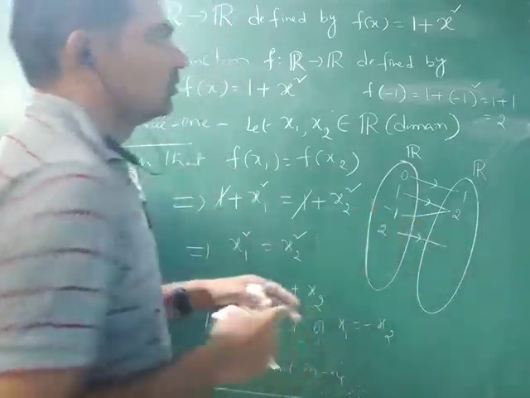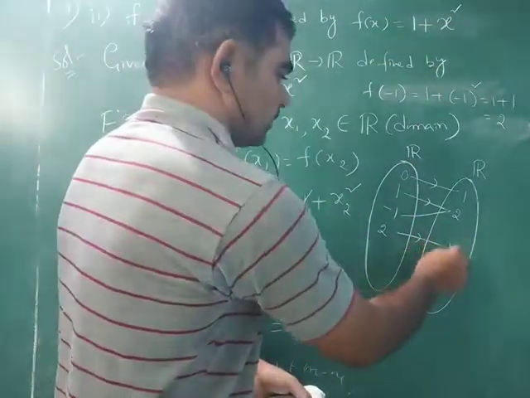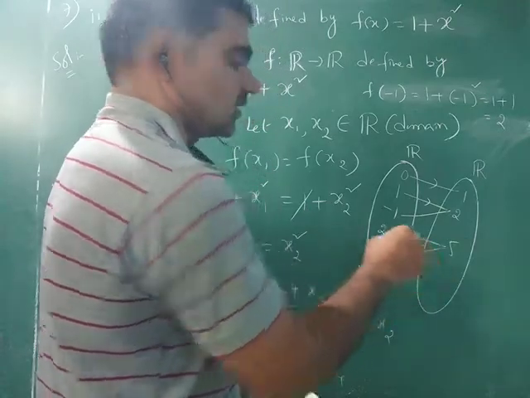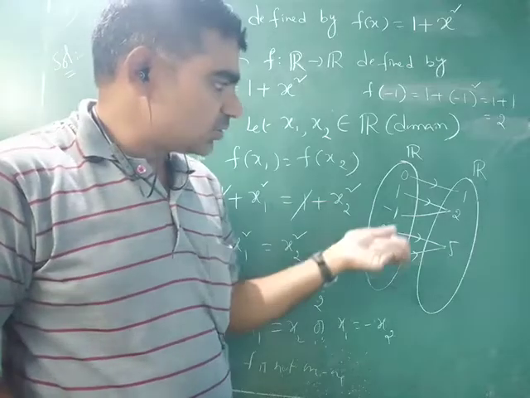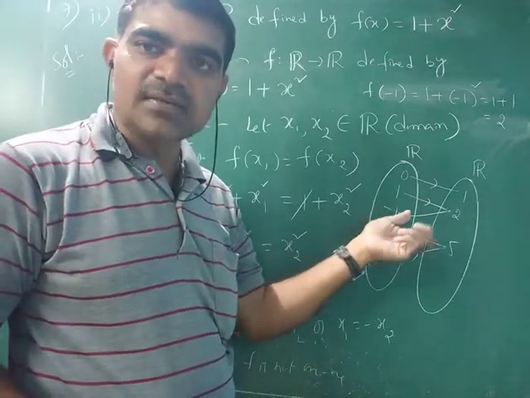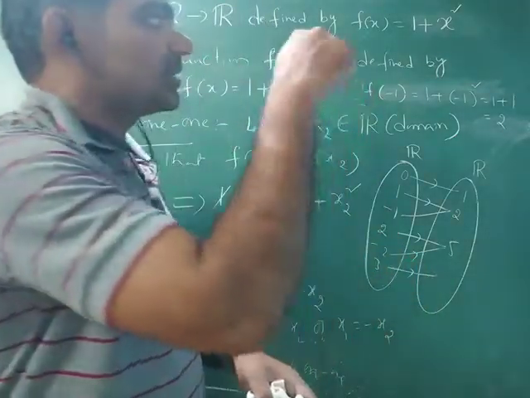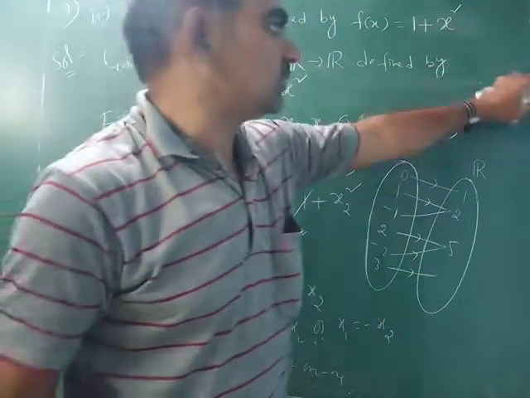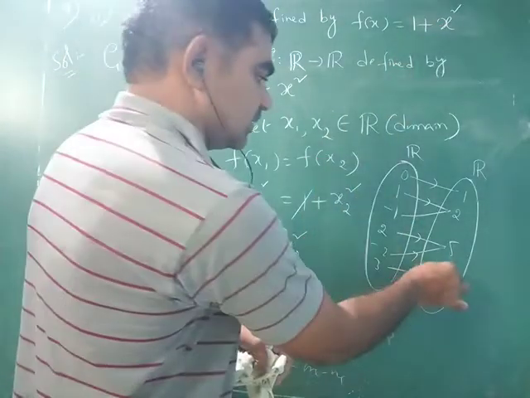For 2, 1 plus 2 square, that is nothing but 5. For minus 2 also 5 only. That means what we are observing? Two different elements have the same image. For 3, what will we get? 1 plus 3 square, 1 plus 9, we get 10.